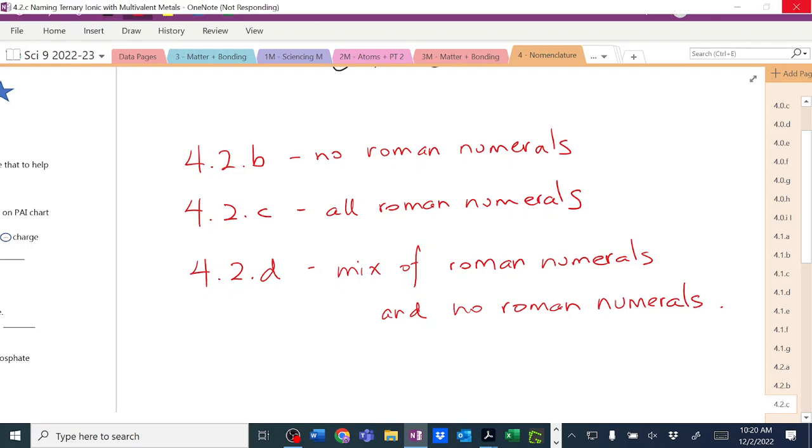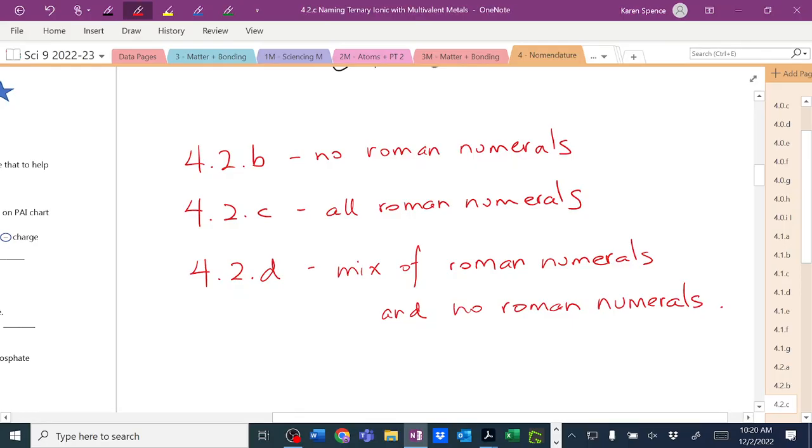Lead is positive. And actually, let me just fix that for you. Where's my erasers? There they are. These ones are -1, -2, -3. This is +1, +2, +3. And then these ones are 3, 3, 3, 2, 2, and 1.